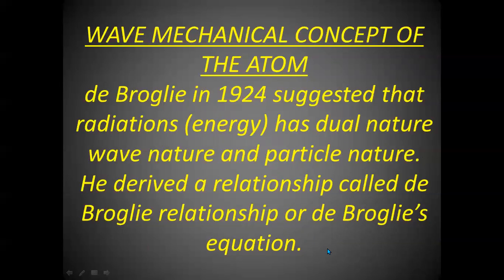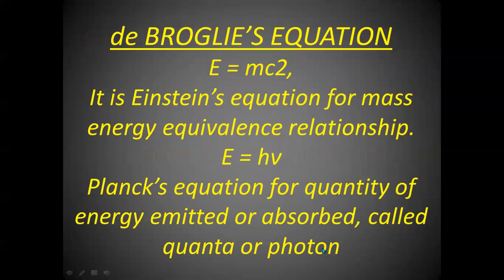Now, he combined two equations. One says that E is equal to mc square. This is the equation given by Einstein, which is called the mass energy equivalence relationship. Here, E is energy, m is mass, and c is velocity of light.